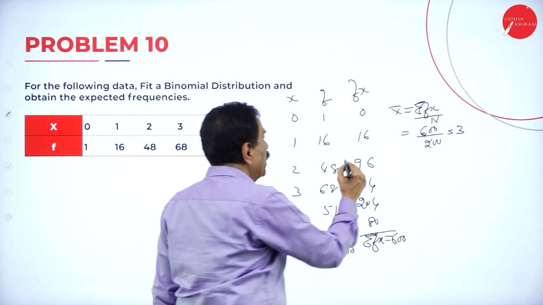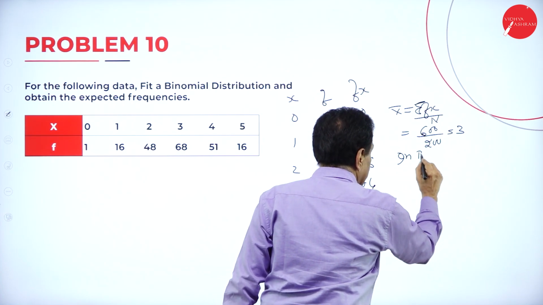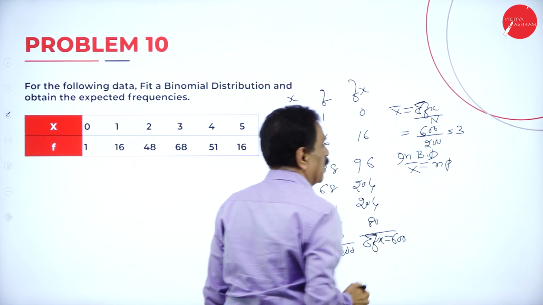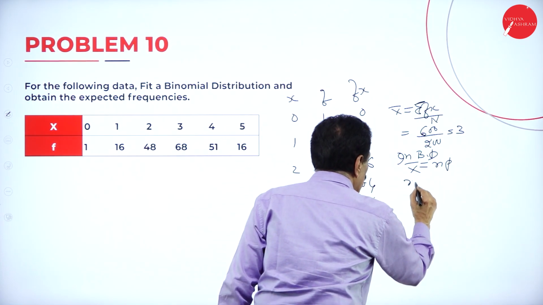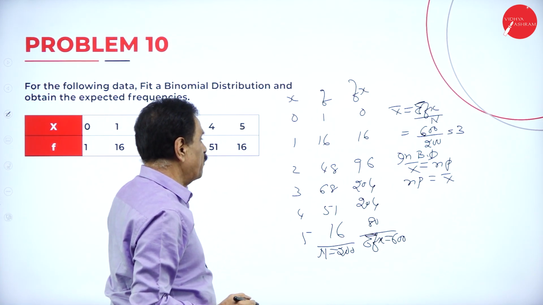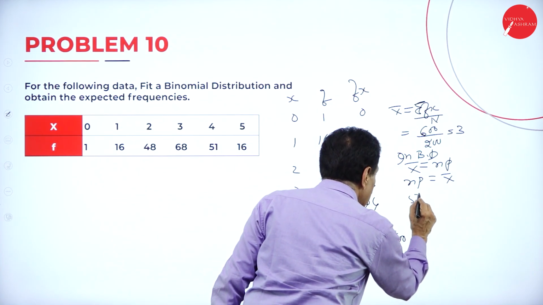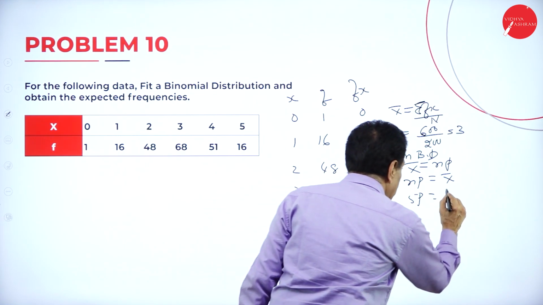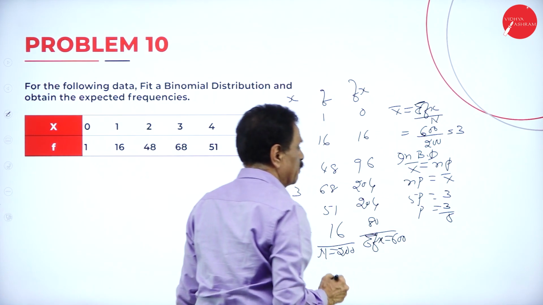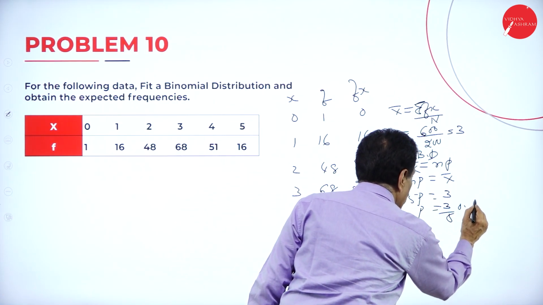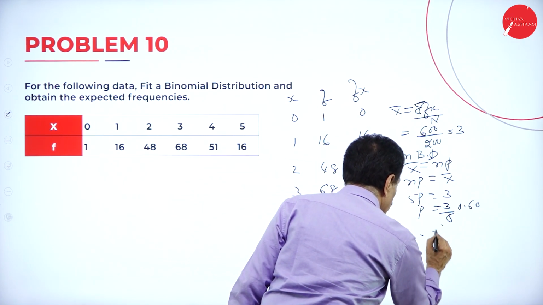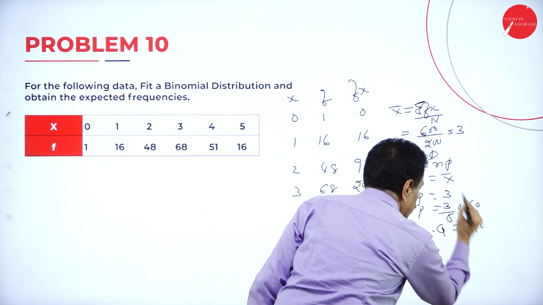In binomial distribution, we say mean is equal to np, or np is equal to mean. How many items are there? Last item 5. 5p is equal to 3. P is equal to 3 divided by 5. This is 0.60. So therefore, q is equal to 0.40.